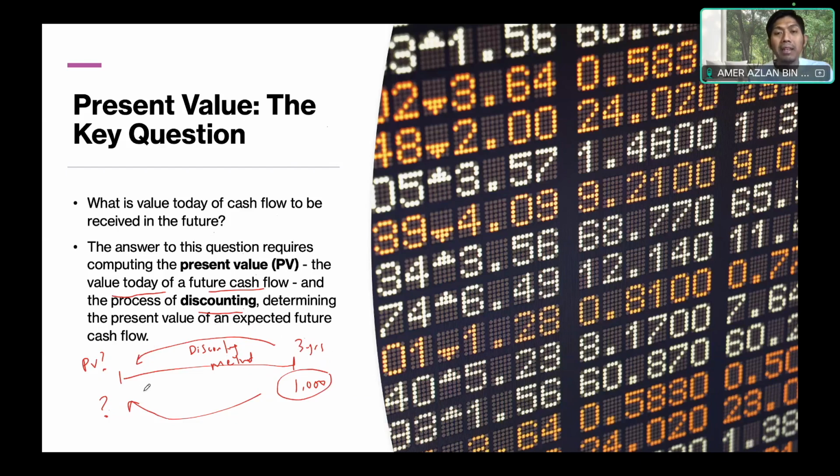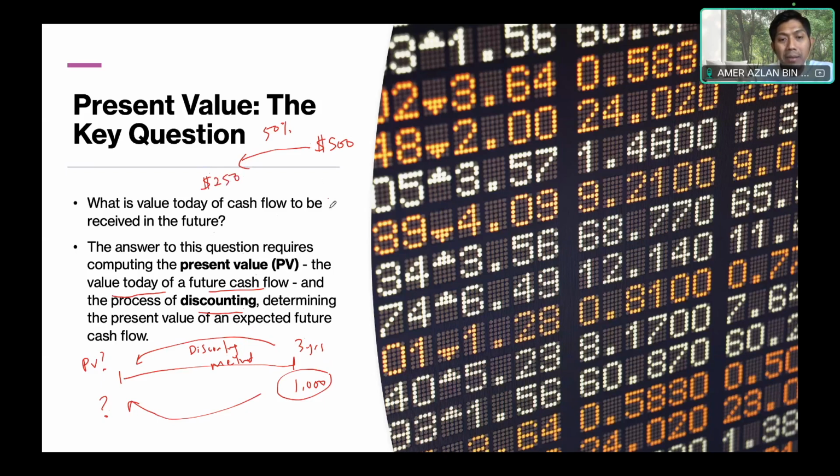The same thing, if you go to a shopping mall and you see a nice cloth, original price is $500. And if it has a discount of 50%, then the value of the cloth will be 250, right?